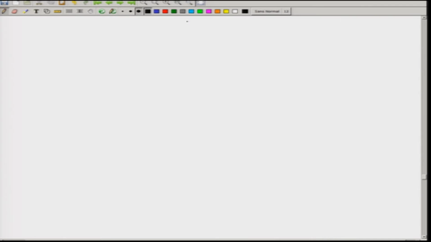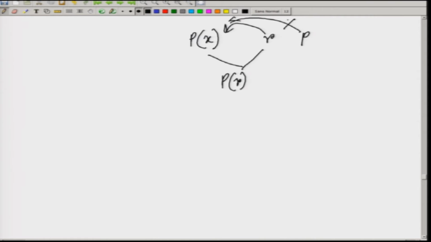As I said, p x as a propositional function takes say r as an argument and then makes p r, which may be interpreted as Russell is a philosopher. Now, we need to make sure that it never takes p itself as an argument and makes p of p. This is blocked, this is impossible. We are not going to allow this construction.